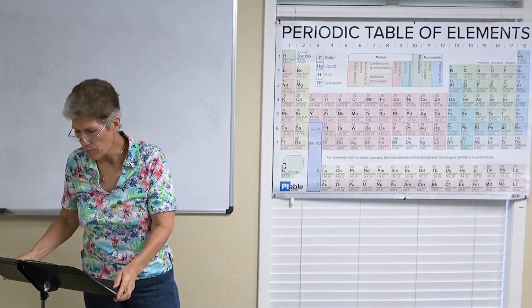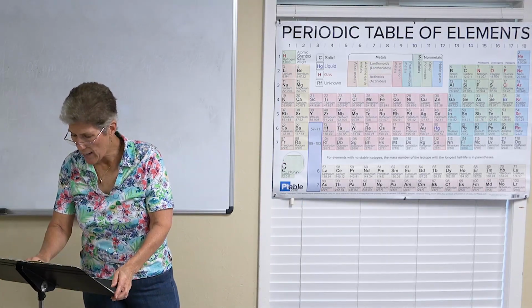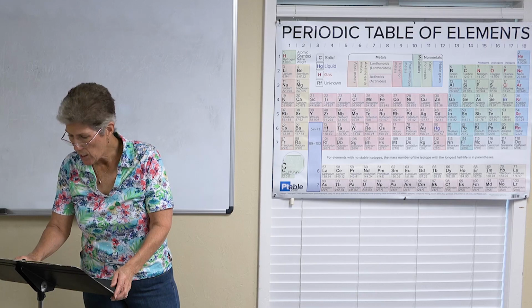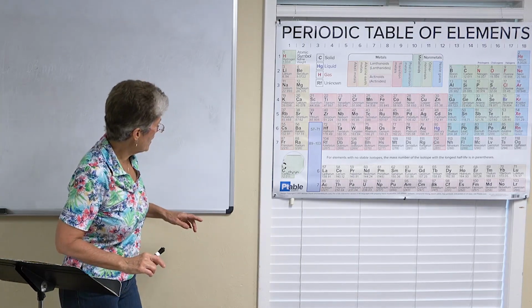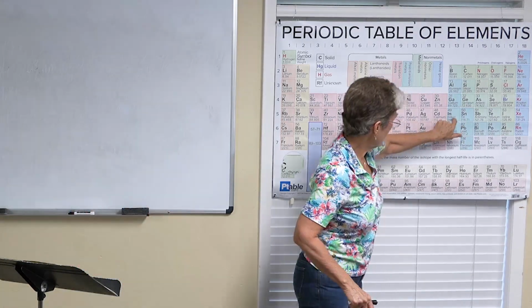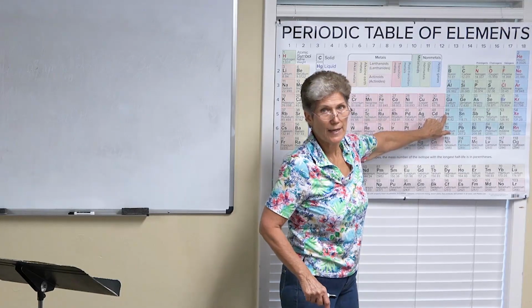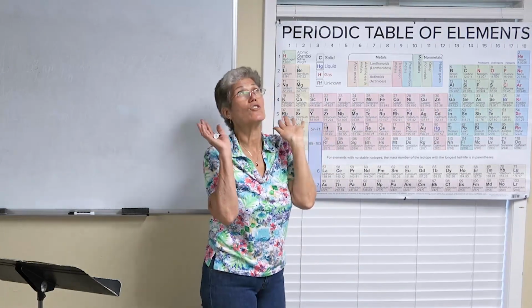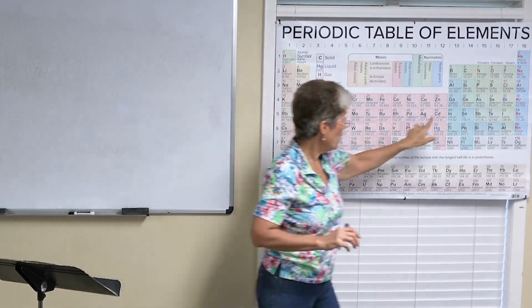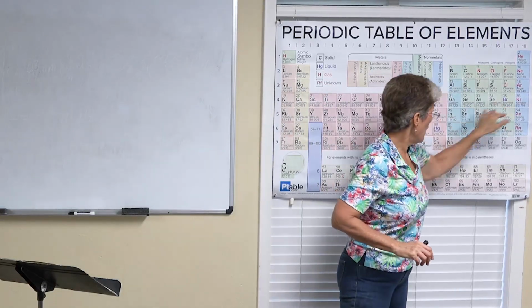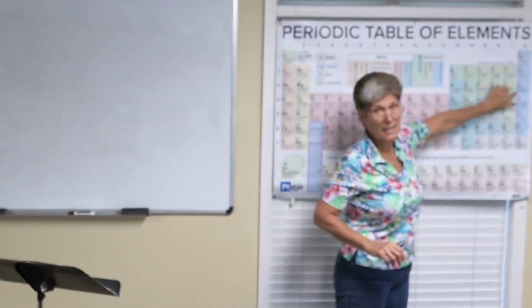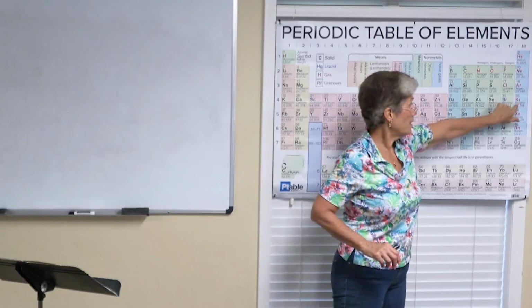Now it says, number 3, give the abbreviated ground state electron configuration for indium, which is right there. We're using the abbreviated one. So what we do is we go to the noble gas above it, which is going to be here. And that is krypton.